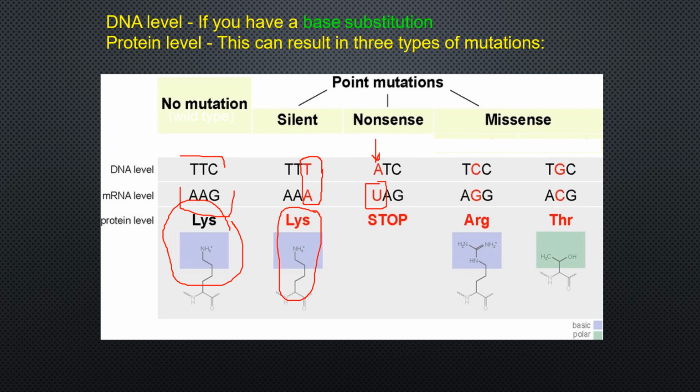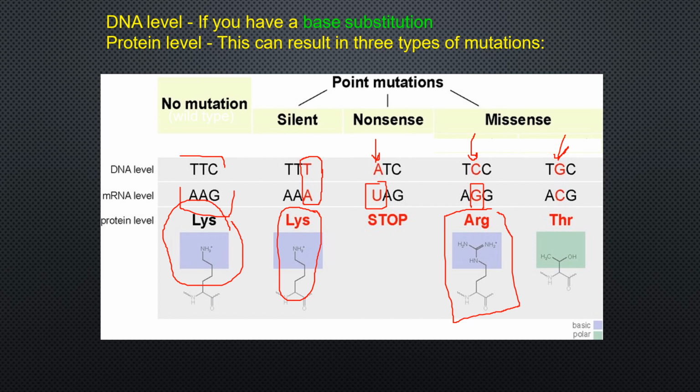A missense then is this next point mutation, and let's say we substitute our thymine for a cytosine. That would result in a guanine in that point for the messenger RNA, and that codes for arginine. Well, that will mean the wrong amino acid. Additionally, we could have replaced it with a guanine.